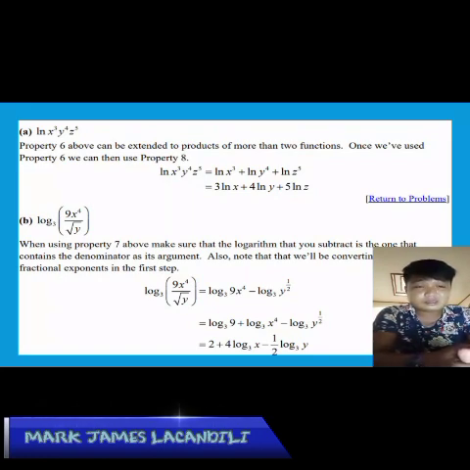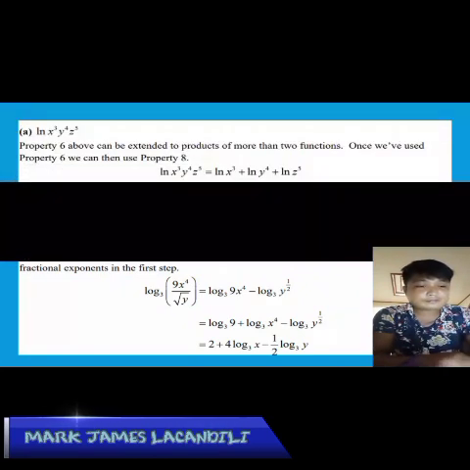So log base 3 of 9x exponent of 4 over the square root of y is equal to log base 3 of 9x exponent of 4 minus log base 3 of y exponent of 1 half, which is equal to log base 3 of 9 plus log base 3 of x exponent of 4 minus log base 3 of y exponent of 1 half. And it is equal to 2 plus 4 log base 3 x minus 1 half log base 3 y.